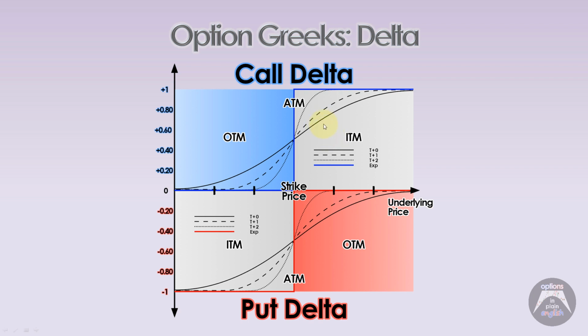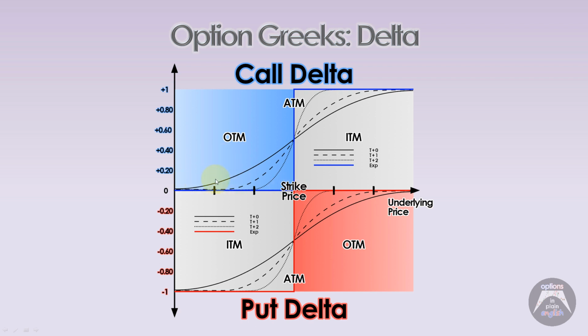Now here I'm not considering the gamma because I don't want to confuse you guys. Let's make sure that we understand what delta is. But just keep in mind that delta is not constant, and you can see it here. It changes as the underlying price changes.